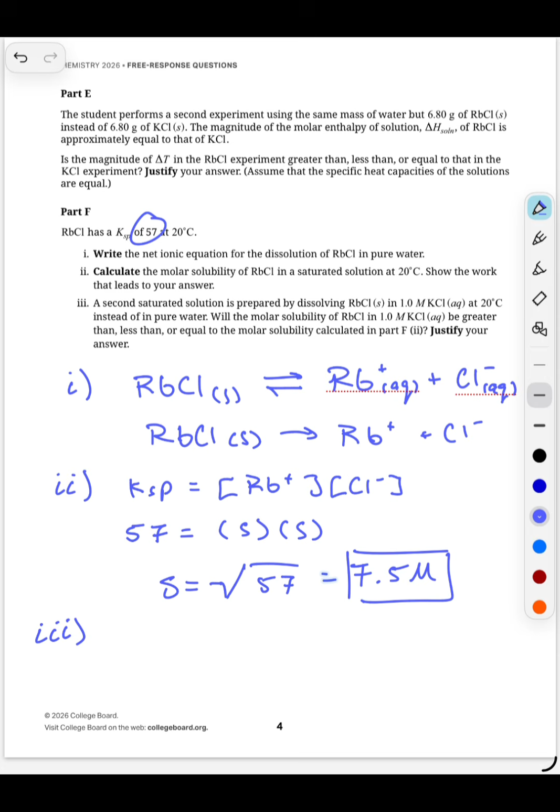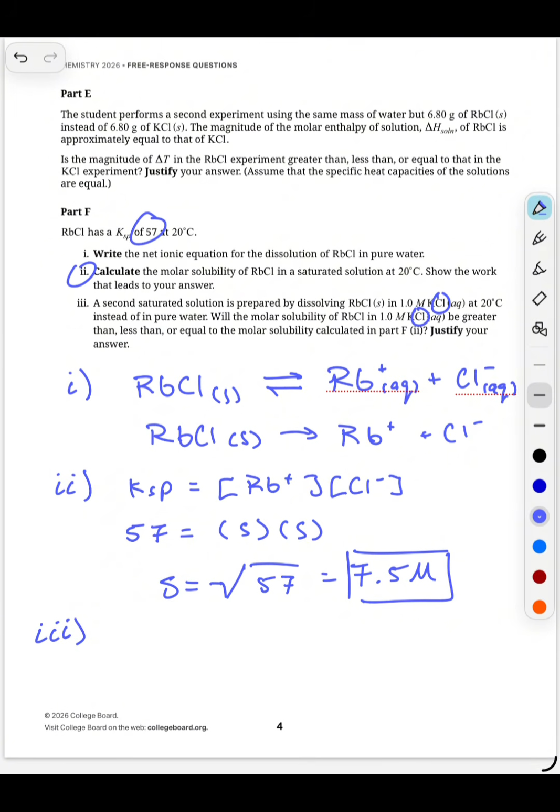(iii) then wants us to compare the solubility here to a solution that already has 1 molar of KCl dissolved. So they're asking, will the molar solubility of rubidium in the 1 molar KCl solution be greater than, less than, or equal to the molar solubility that we just calculated in part (ii)? And so there is a common ion between these two salts, right? The chloride ion.